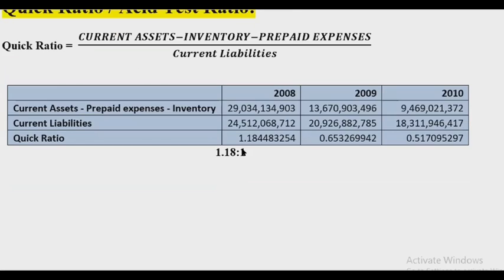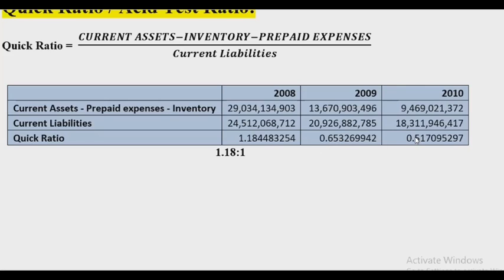So again, I will interpret the calculated figure here, 1.18 to 1. For every $1 of liability, we have 1.18 of quick or liquid assets ready for payment. But in 2009, we had 0.6 of liquid assets ready for payment for every $1 of liability.